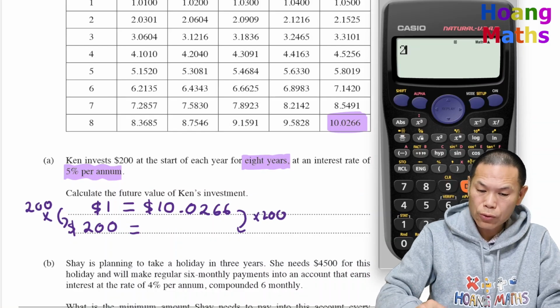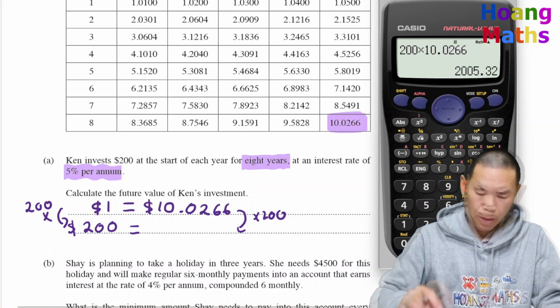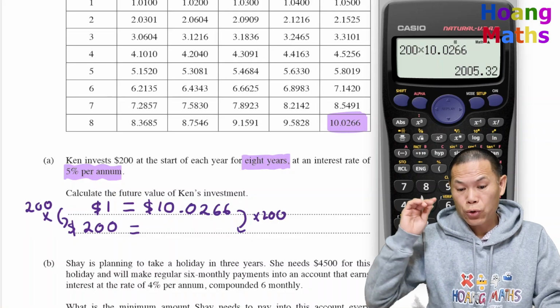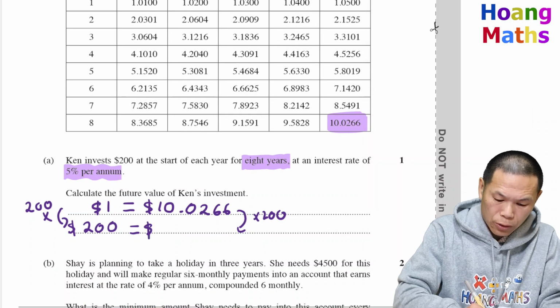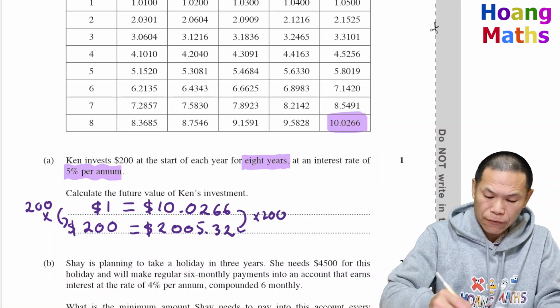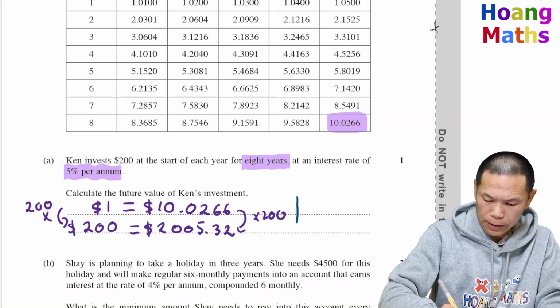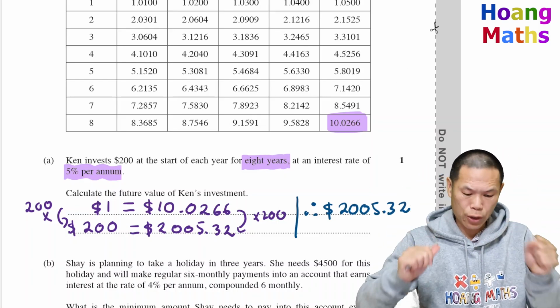So just go 200 times 10.0266. So there you go. $2,005.32. So therefore, Ken's investment is $2,005.32. So there you go.